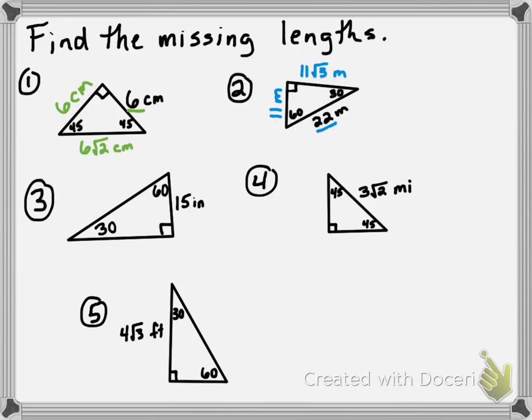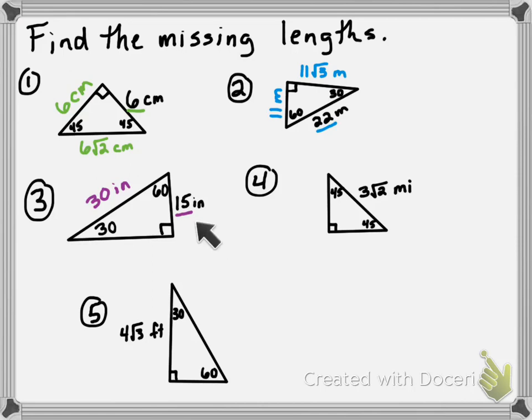Alright, number 3. Notice number 3 again is another 30, 60, 90. This time, we don't know the hypotenuse, we know the short leg. So I can find the hypotenuse. If the short leg is 15, then the hypotenuse is twice as long, so it's 30.